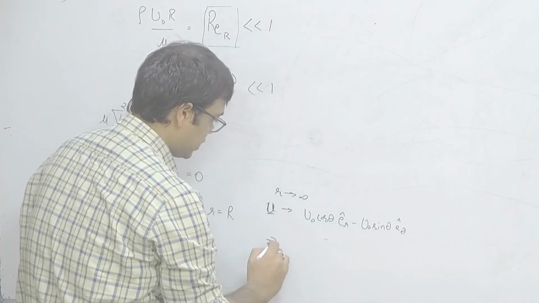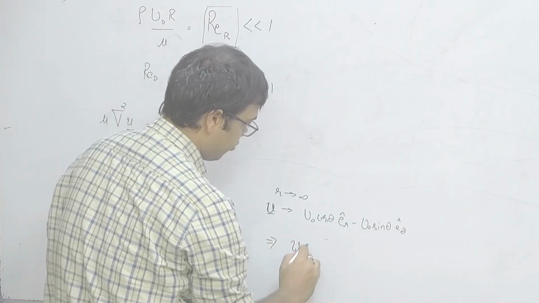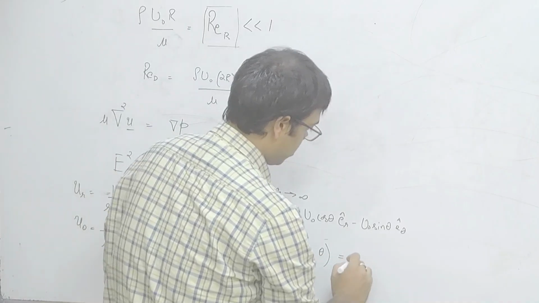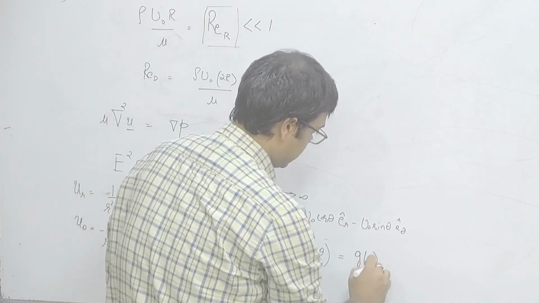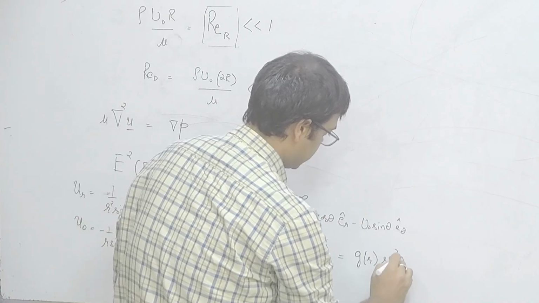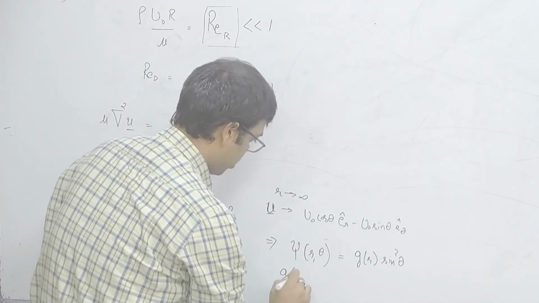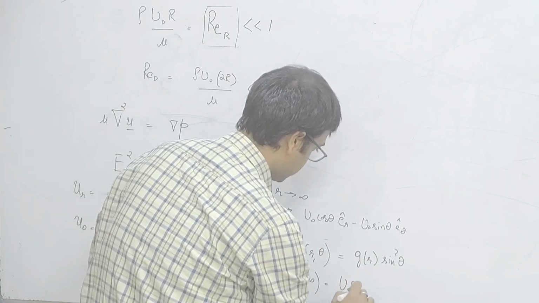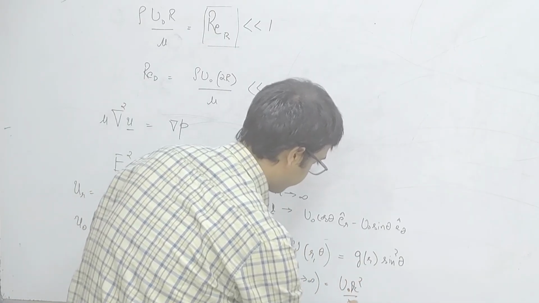From this we said my stream function psi of r comma theta should be something g of r sine square theta, where this g of r for r tends to infinity was u naught r square by 2.